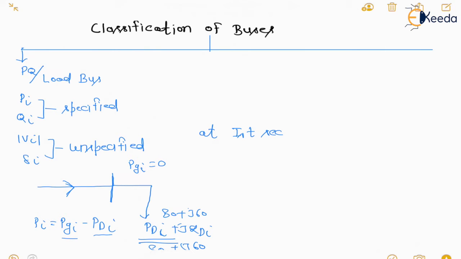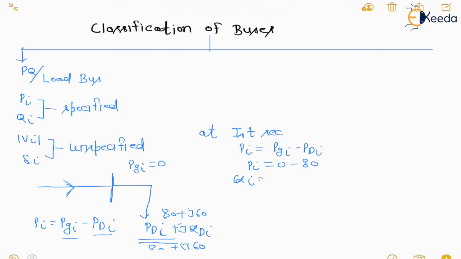So at first second, we know that Pi is equal to PGi minus PDi. Here PGi is 0 minus PDi, which is 80. So Pi is specified at first second.